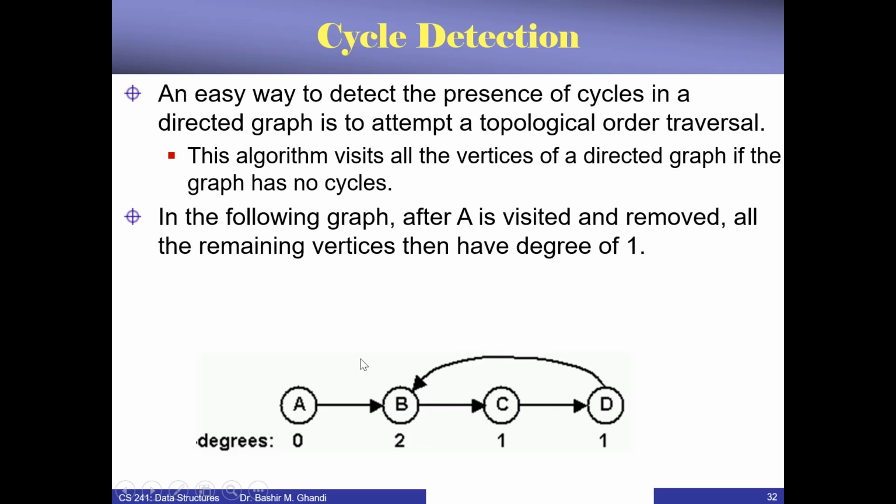Okay, so basically this is very easy cycle detection. All you have to do is update the topological sort algorithm so that instead of visiting vertices, it will be counting how many are visited. And instead of printing each vertex visited, just count, just like we did, if you remember, for connectedness.